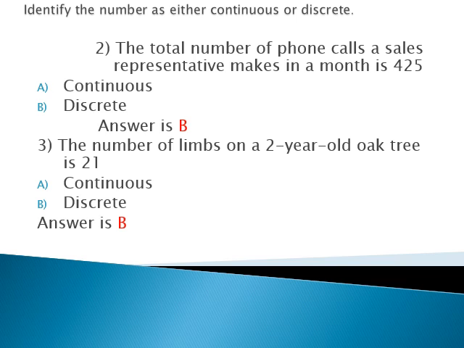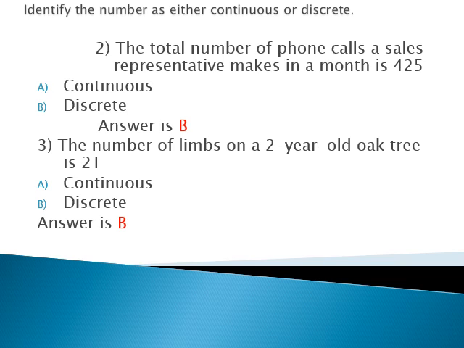With this, it is discrete. It's discrete because it's not representing a range of numbers, but it is giving you a specific number, something that can be counted. They are not decimal in this case, so it would be discrete.